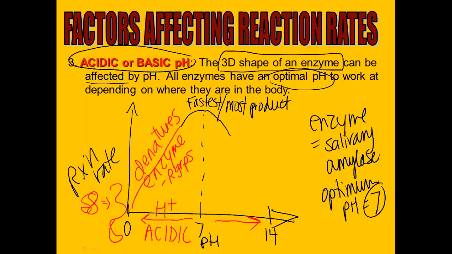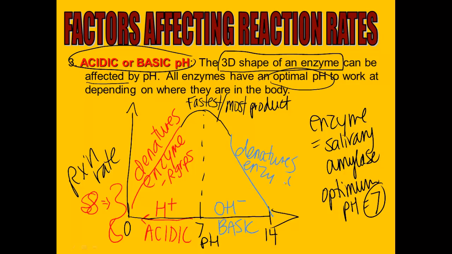If from optimum you start increasing the pH, so you're more and more basic, and there's more OH negative ions, hydroxide ions, then the enzyme will also denature on this side of the graph. And that's because the negative OH is going to mess with the positive R groups in the enzyme.